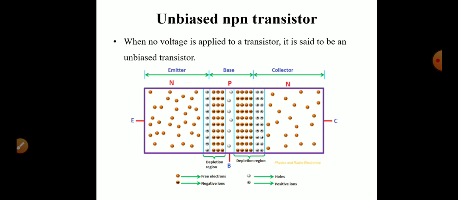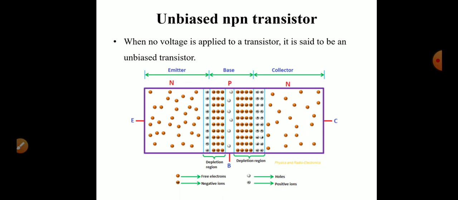Here the working of the unbiased NPN transistor is going to be explained. In the unbiased transistor we apply no voltage, hence we call it an unbiased transistor, and the emitter, base and collector terminals are left open.